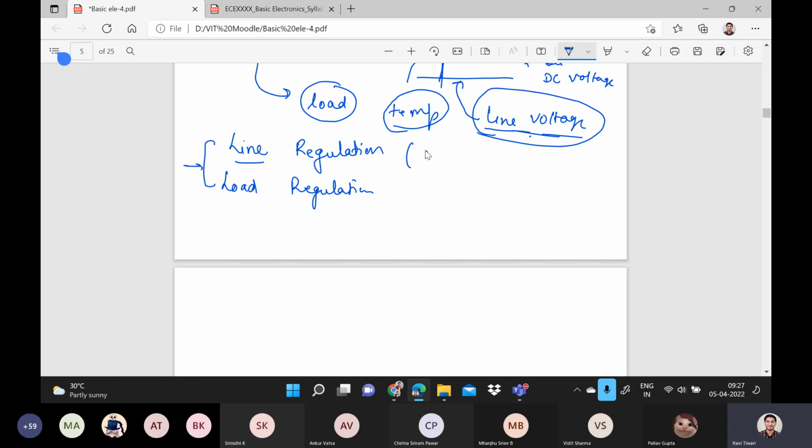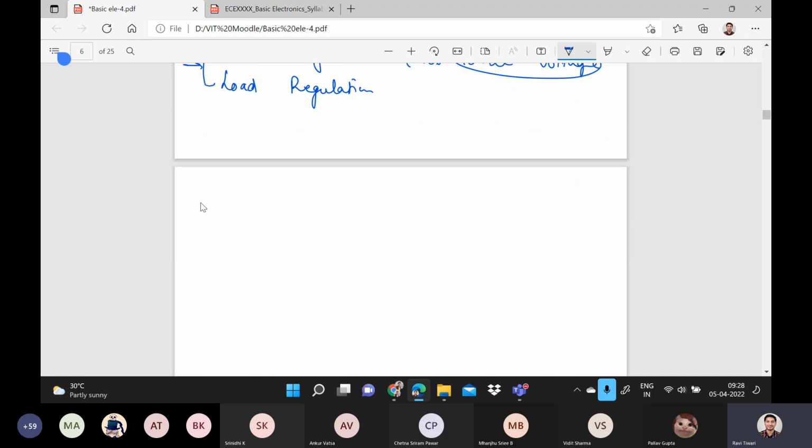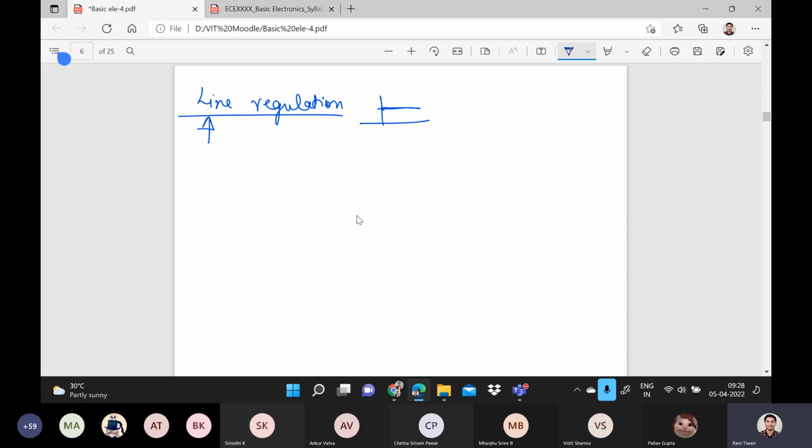That means an input source voltage. Let's see in detail. Line regulation means what? If you are changing your source voltage, even then you are getting the constant DC output, it's called line regulation.